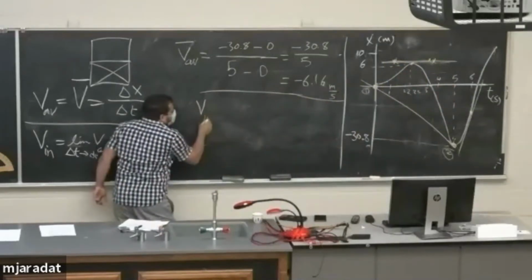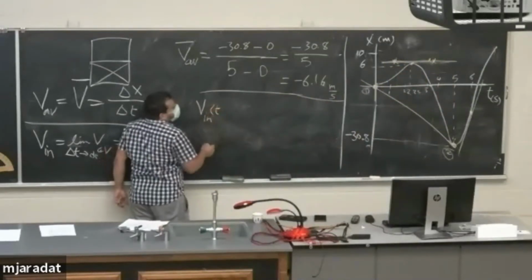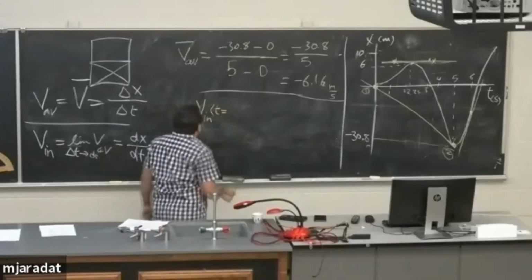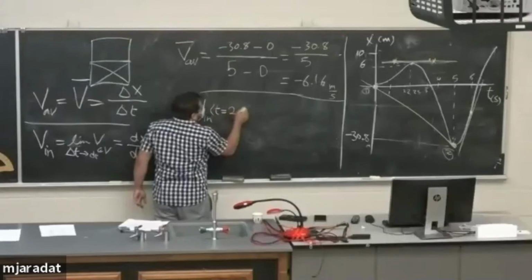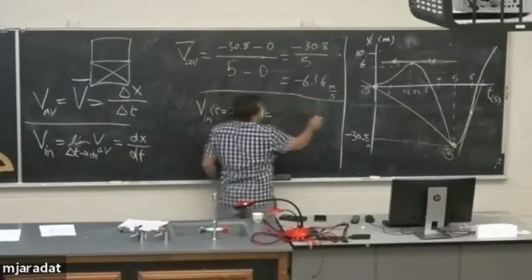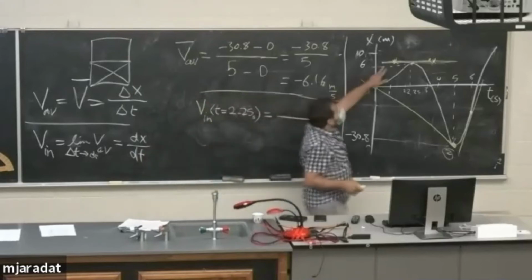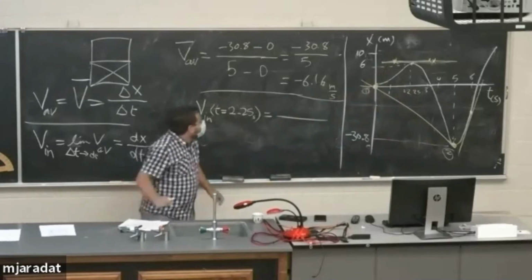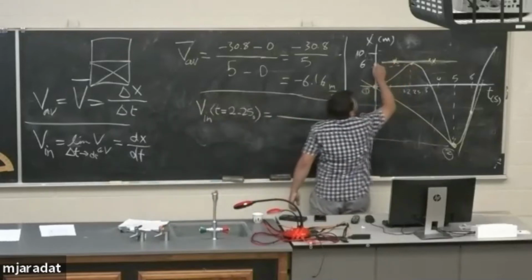It is v instantaneous at t equal to how much? 2.25 seconds. It is delta x. Okay, delta x. How much is it? Yes, at the top here, it is 6.